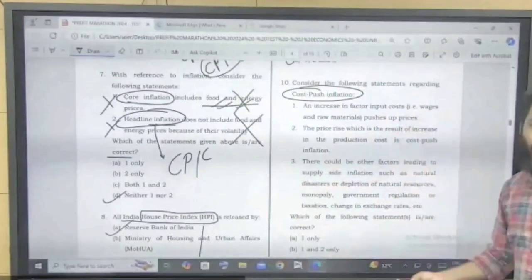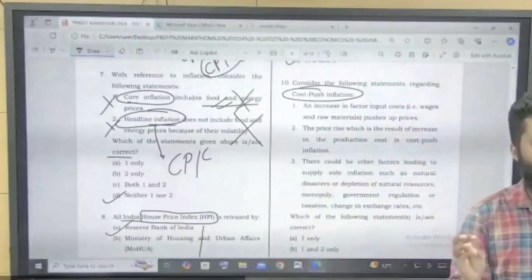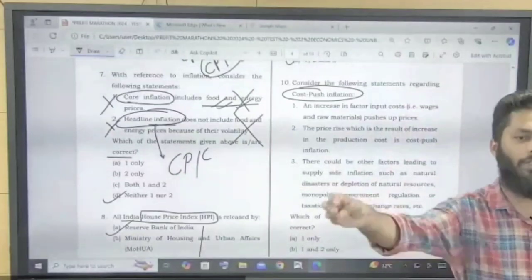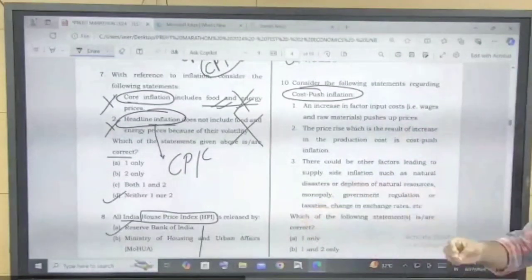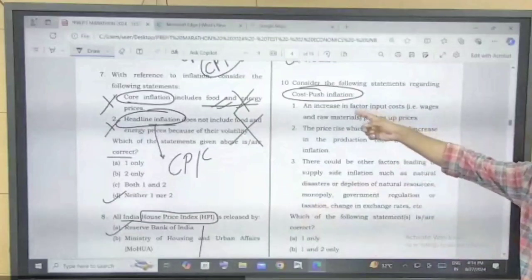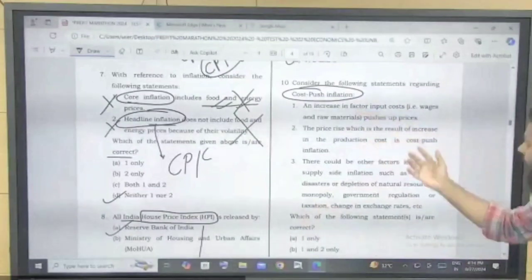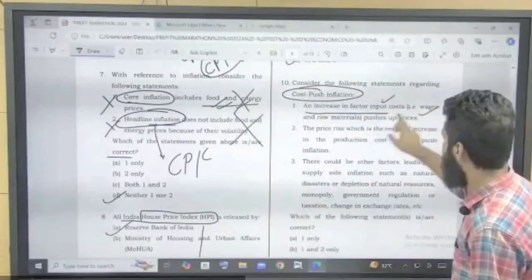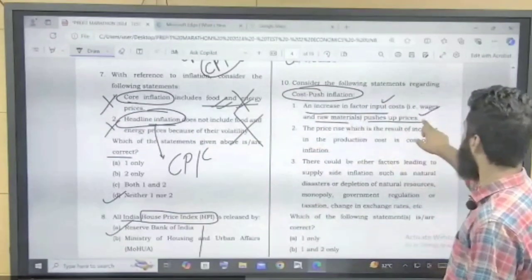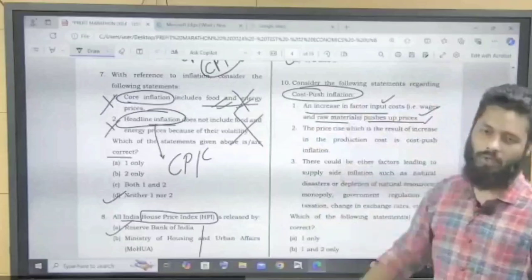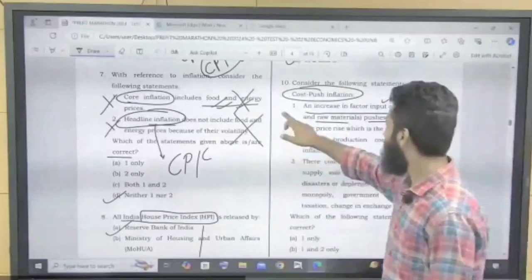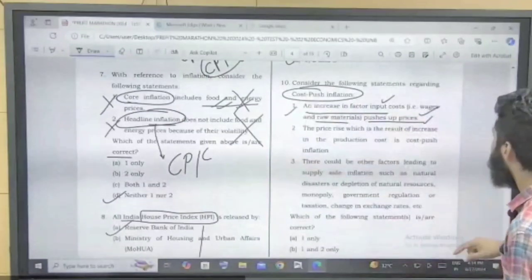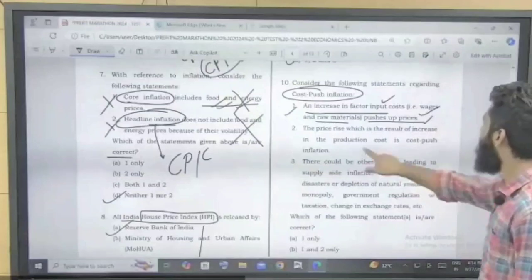Because the government is taxing heavily, or because logistical cost has increased. Any increase in factor input cost, that is wages or raw materials, pushes up prices, and it is known as cost push inflation. So this is correct: a price rise which is the result of an increase in production cost.